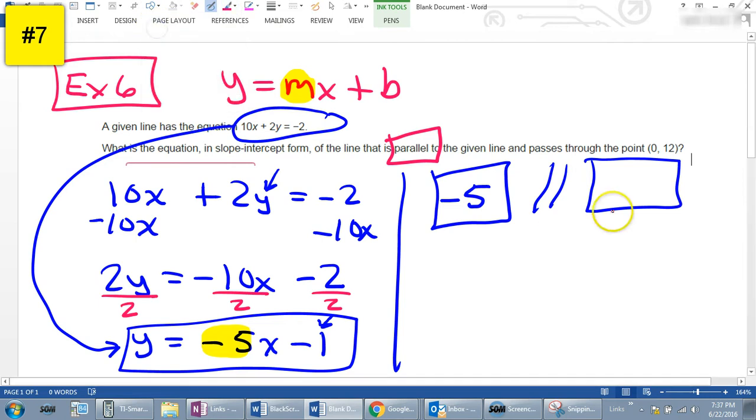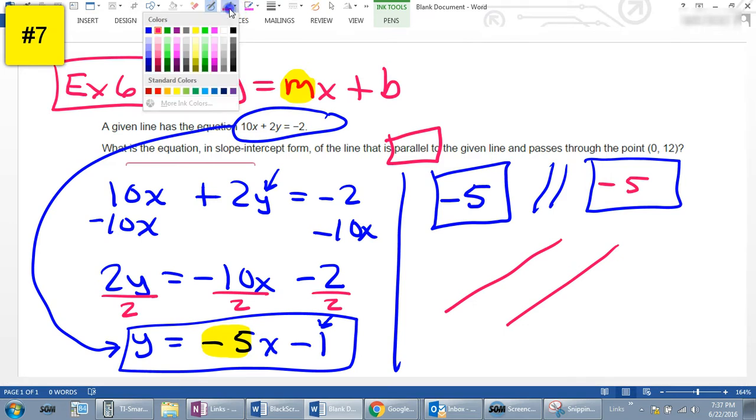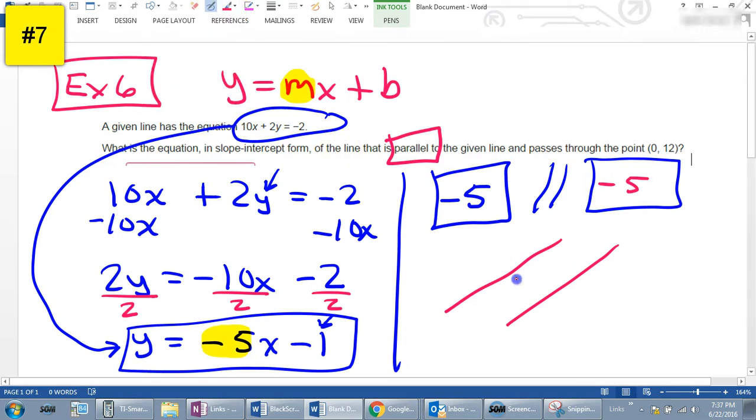Now, tell me again, what will be the slope of a parallel line? No, not +5. Parallel lines have the same slope. -5. Because think about it. You know that this is what parallel looks like, right? They're both going the same way. If the first one has a slope of -5, you know that it's going downhill because it's negative.